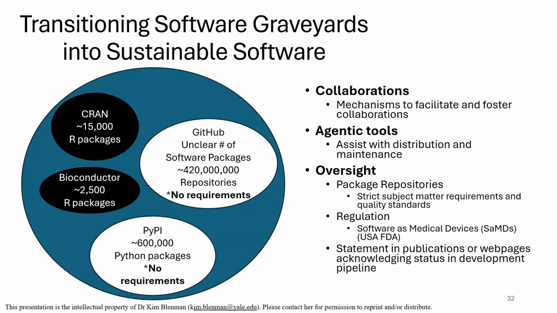The second oversight that we may want to think about, depending on the use of the package, is some level of regulation. I gave the example of the software medical device that's for anything that's going into human beings.